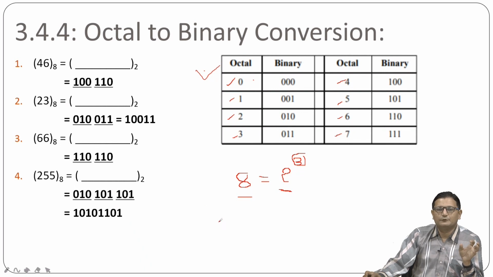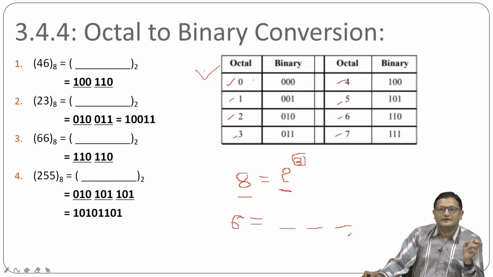Let's suppose any octal number is given to you. We need to use 3 bits of binary, right? Suppose 6 is there, so how can we make 6? Fine. So here you just make 3 bits.